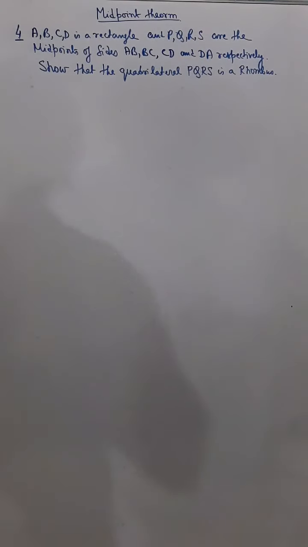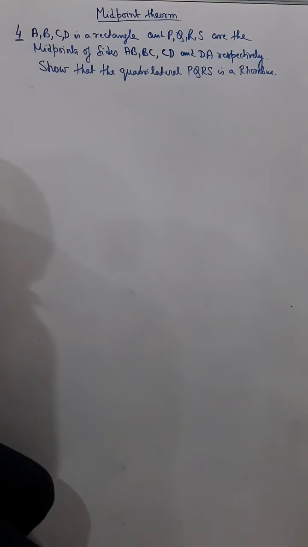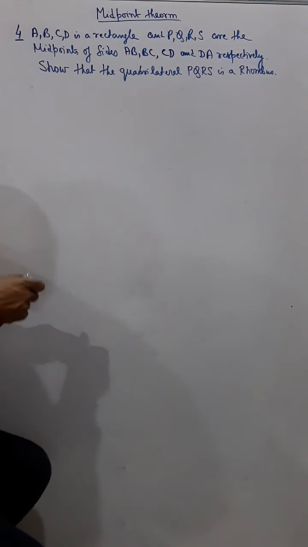Now in this sum we are told ABCD is a rectangle and P, Q, R, S are the midpoints of the four sides respectively, and show that the quadrilateral PQRS is a rhombus.